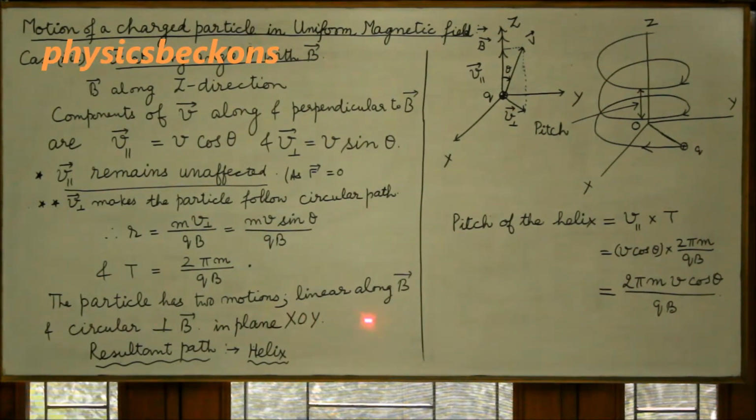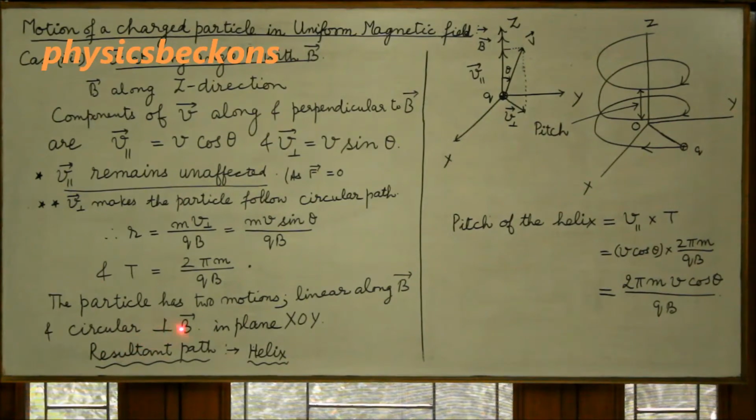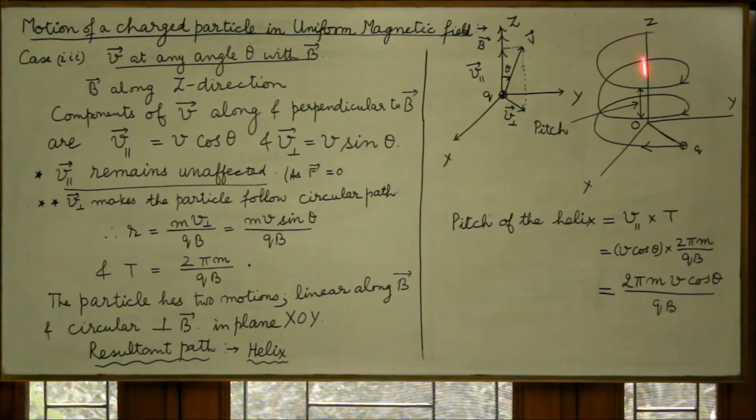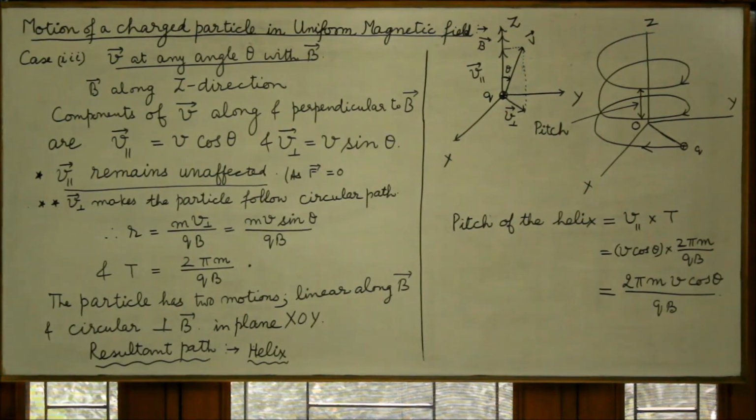Here the particle has two motions, a linear motion along a straight path, that is along the z direction due to V parallel, and a circular motion in the x-y plane due to V perpendicular. So overall the resultant path is a helix, that is circular motion combined with motion in the plus z direction or along the magnetic field.